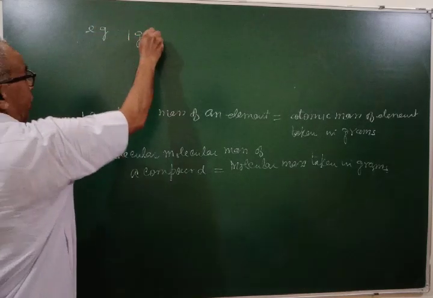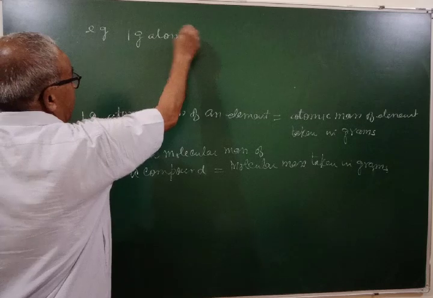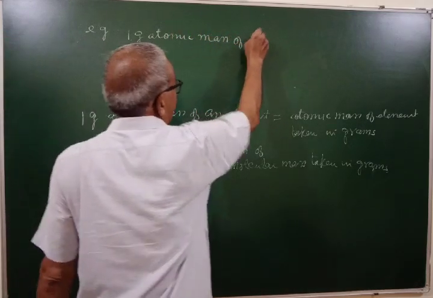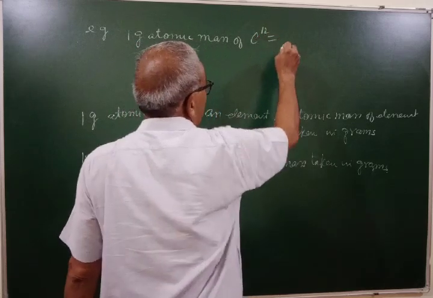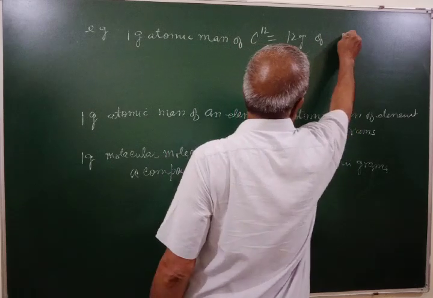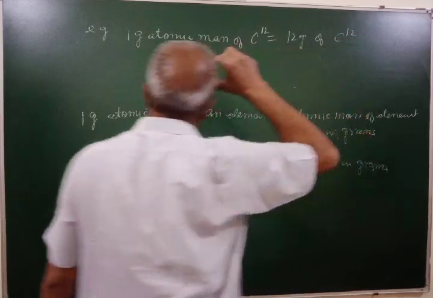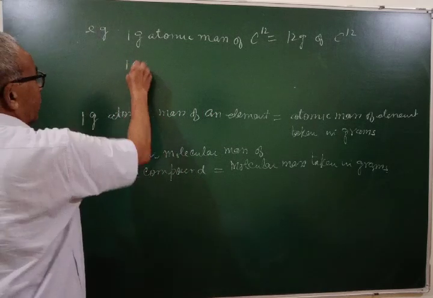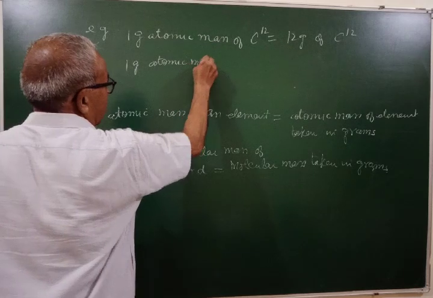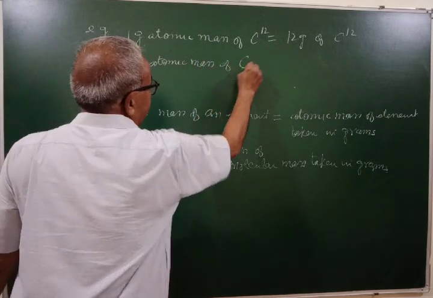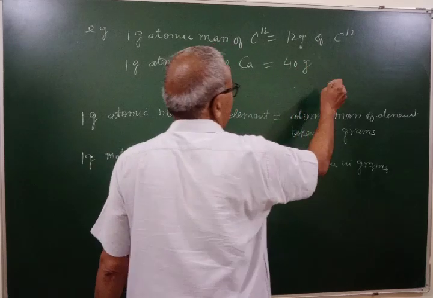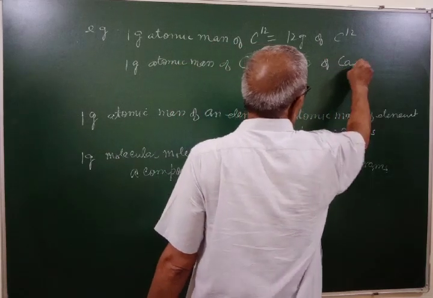For example, 1 gram atomic mass of carbon 12 is equal to 12 gram of carbon, or 1 gram atomic mass of calcium, Ca, is equal to 40 gram of calcium element.